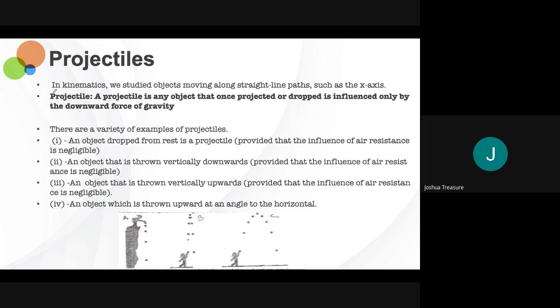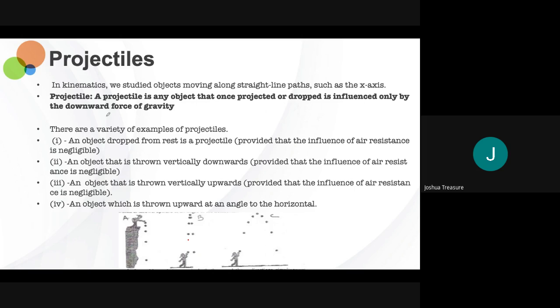Now, a projectile is any object that, once projected or dropped, is only influenced by the downward force of gravity. That is the only force that acts on it. Once it is released, there's no other force acting on that body.